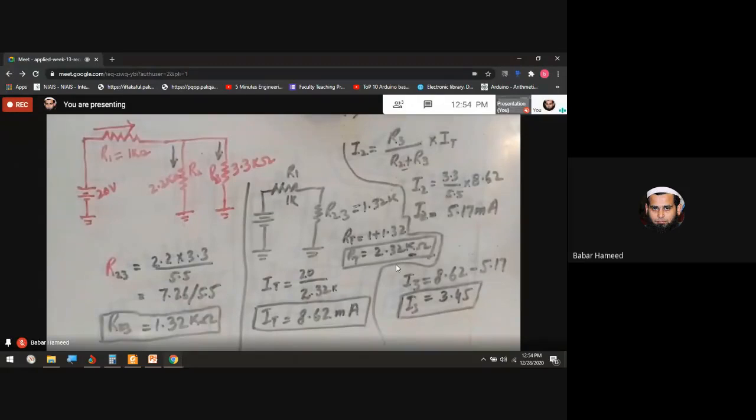So I3 is 3.45 milliampere. Hopefully you got the idea of how we can calculate the current in a series parallel circuit, and in each branch how we can calculate the current.